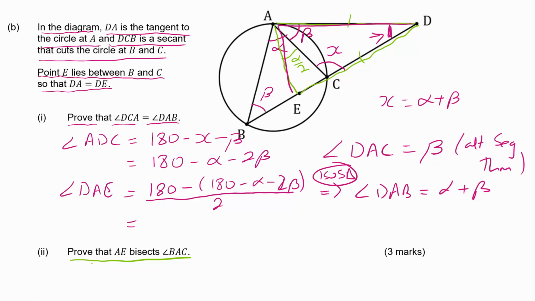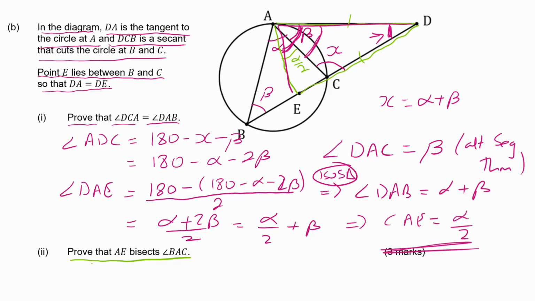Well, that gives me alpha plus 2 beta divided by 2, which is alpha over 2 plus beta. So what we're saying is that this angle here is alpha over 2 plus beta, and we know this part of it is beta, so that means that angle CAE is equal to alpha over 2 as required.